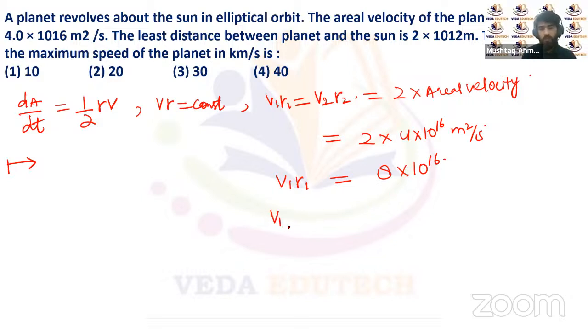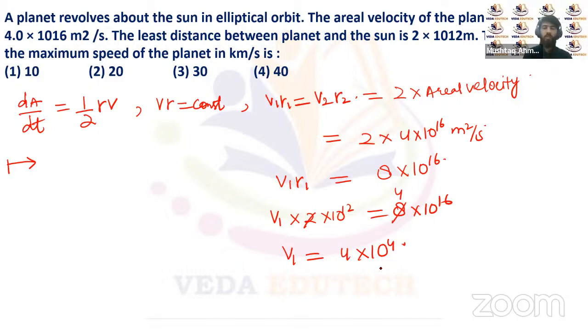Now V1 we have to calculate, and R1 is given as 2 into 10 to the power 12, that's equal to 8 into 10 to the power 16. So V1 will be 4 into 10 to the power 4. This is the value of V1.